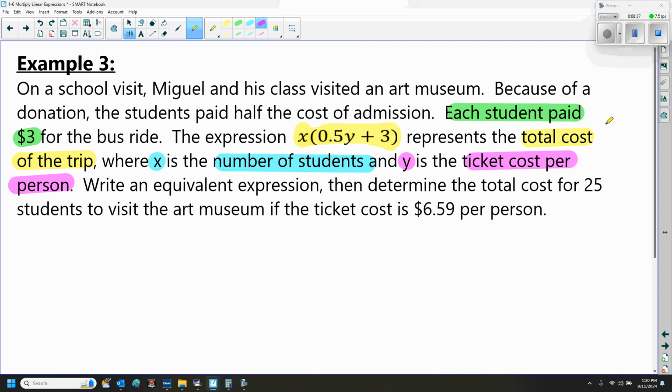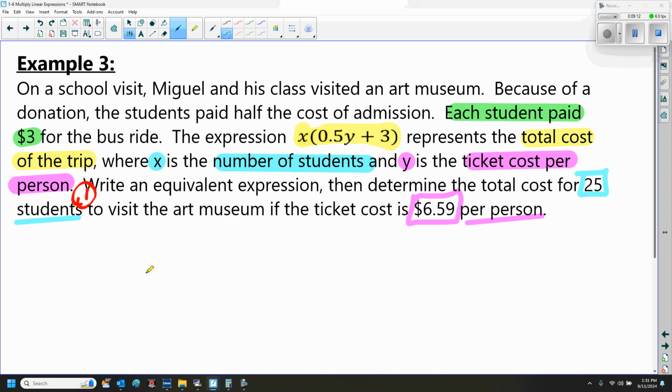You with me? Now, if I continue, it tells me down here that this is the total cost for 25 students, right? And it tells me that the ticket costs $6.59 per person.